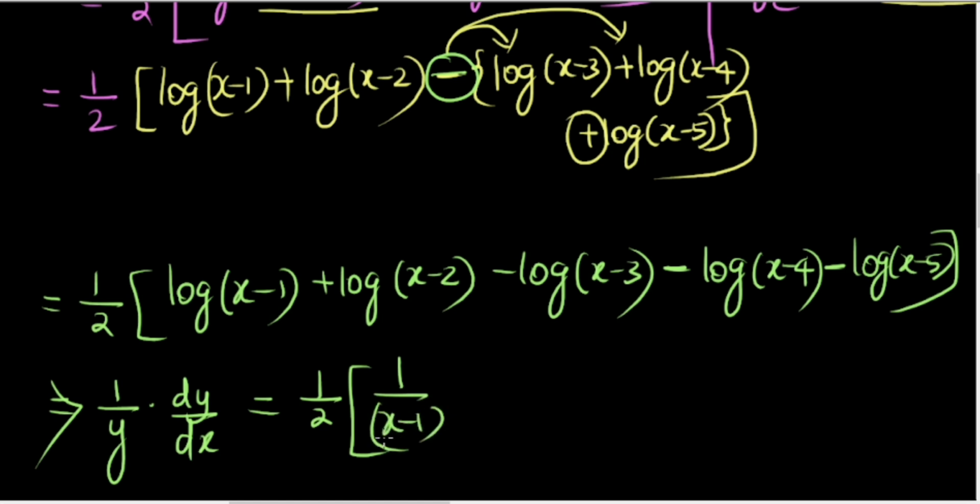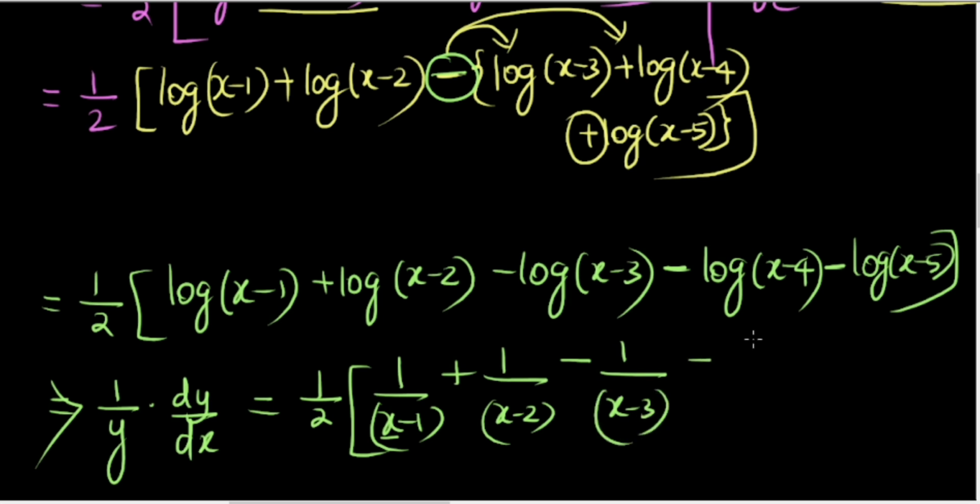With respect to x also, if you are doing differentiation, you are getting 1 only. So you are getting the term as it is, 1 over x minus 1 plus 1 over x minus 2 minus 1 over x minus 3. And here the differentiation of log of x minus 4 is 1 over x minus 4, minus 1 over x minus 5.